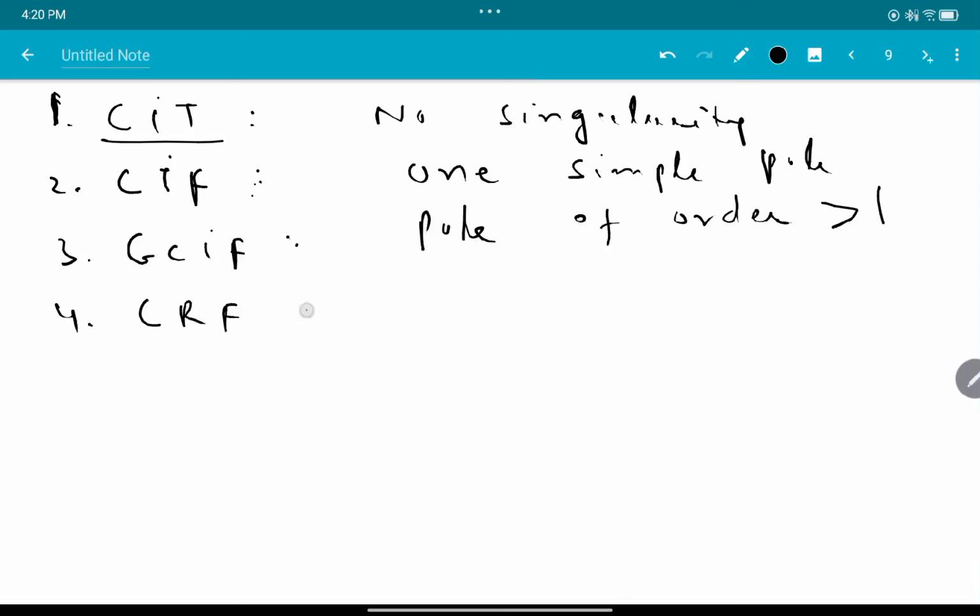Then Cauchy's residue theorem handles multiple singularities, that is multiple poles.